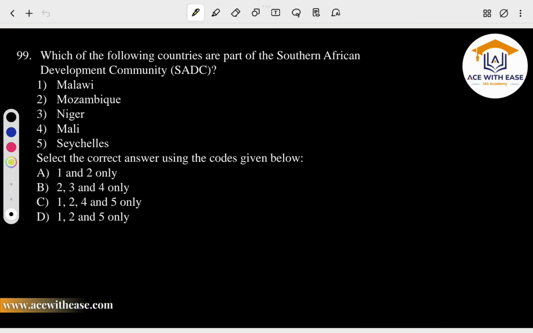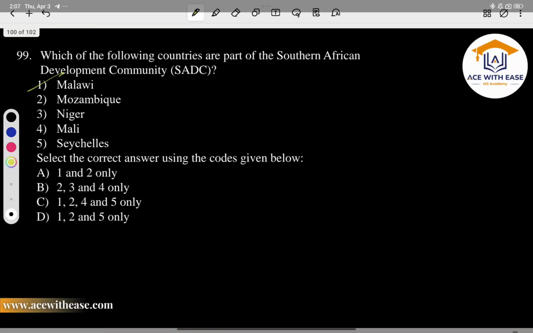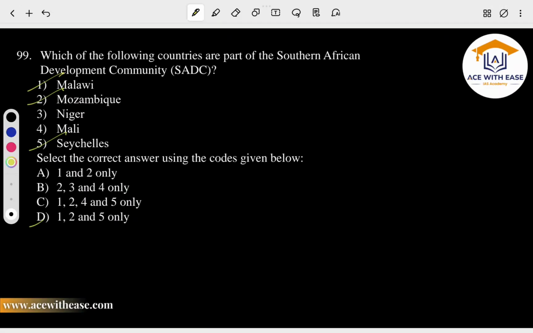99. Which of the following countries are part of the Southern African Development Community? So we have countries like Malawi, Mozambique and Seychelles. These three countries are part of the Southern African Development Community. Whereas Niger and Mali are not under the SADC, but under West Africa.